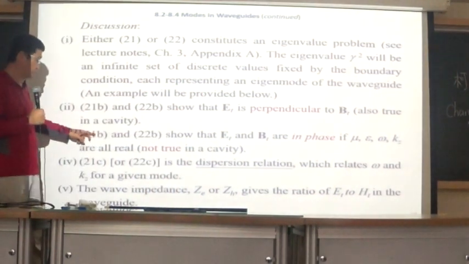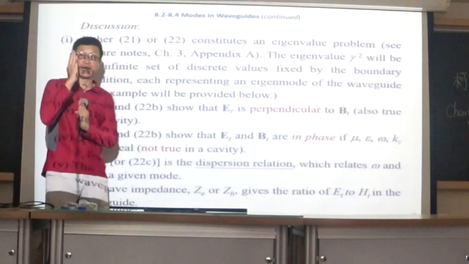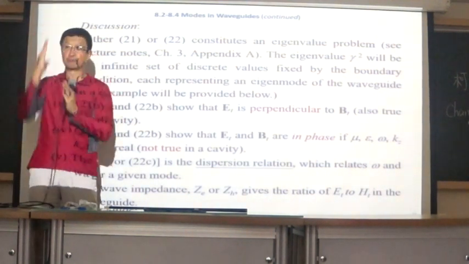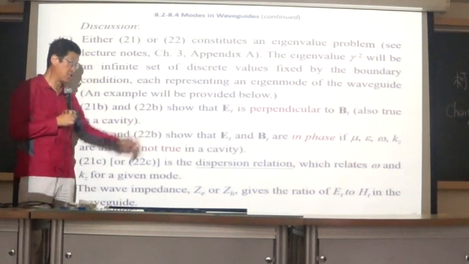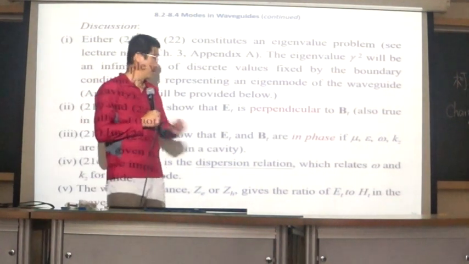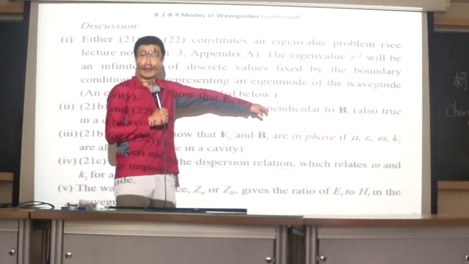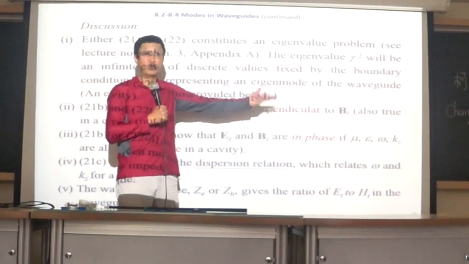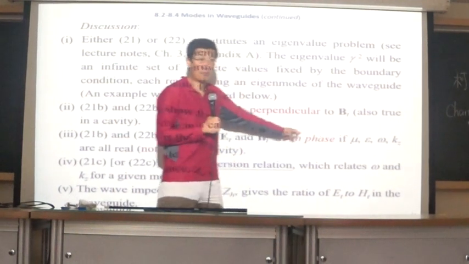And ET and BT are in phase, just like they always increase together. Yeah, they are in phase. You might wonder, if this is not true, what will happen? Reflection. Okay. If this is not true, what will happen?